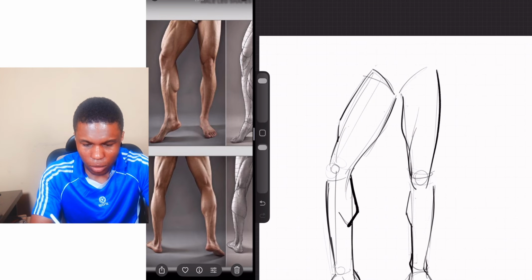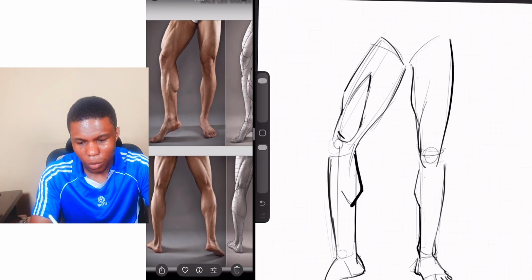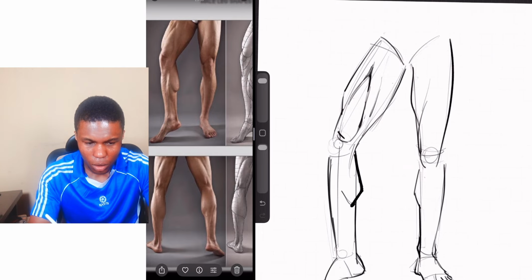Simple as that. So quad muscles here, we have I believe vastus medialis, and then we have our rectus femoris, and then we have our sartorius muscle over here. And then we have our kneecap.